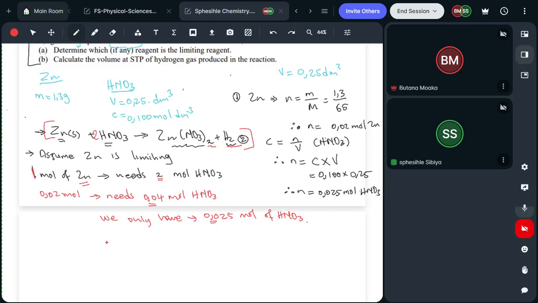This tells us that what we assumed is wrong. Then we conclude and say, therefore, our HNO3 is the one that is limiting, the one that will run out first, the limiting reagent. So whatever we assumed, it's wrong. You can assume anything, it's up to you. You'll find the correct answer at the end.